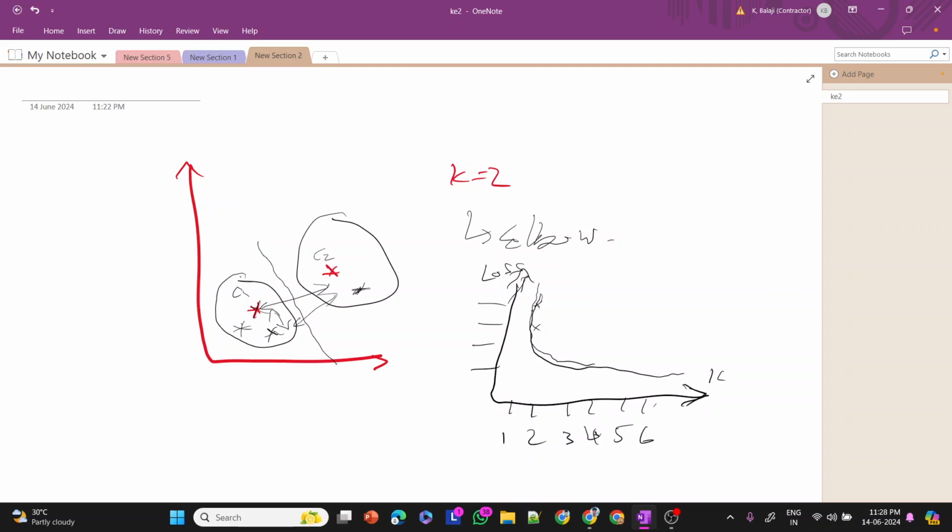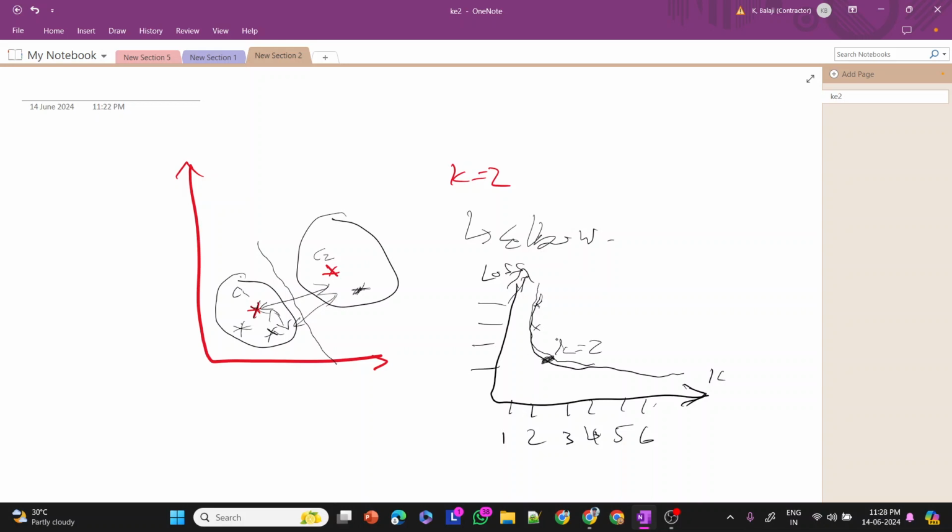We need to select the k value where the loss instantly starts going down, like this.